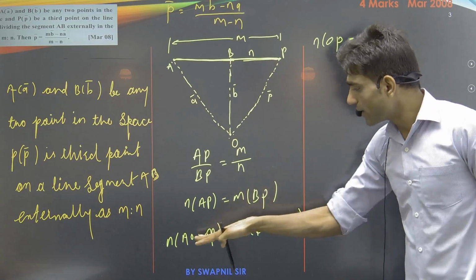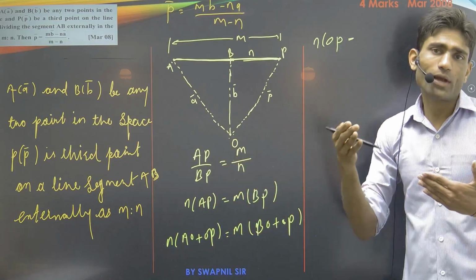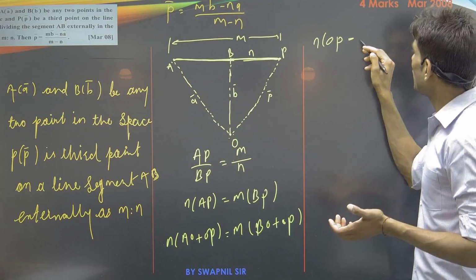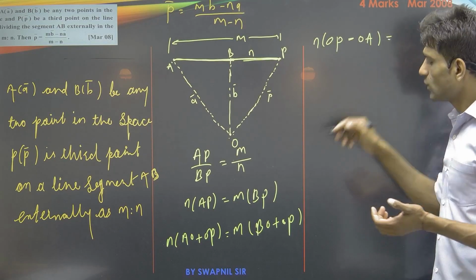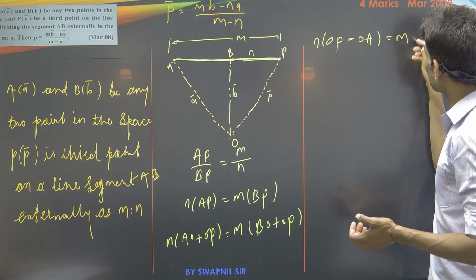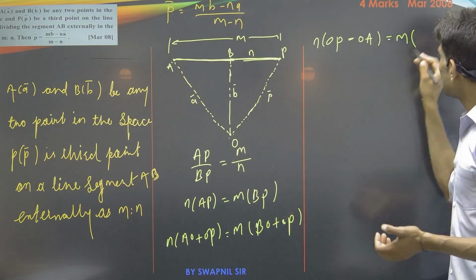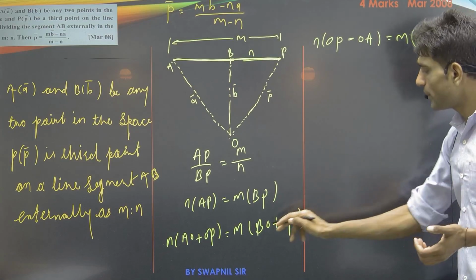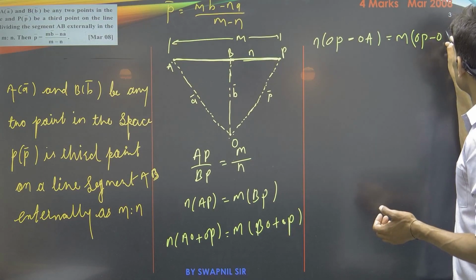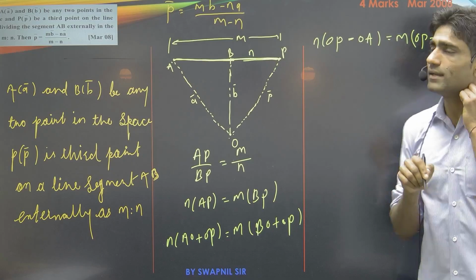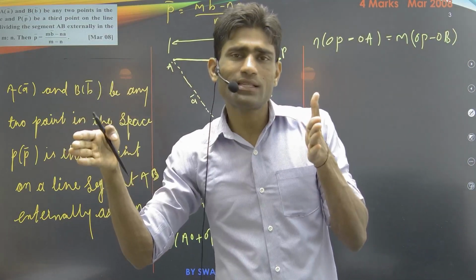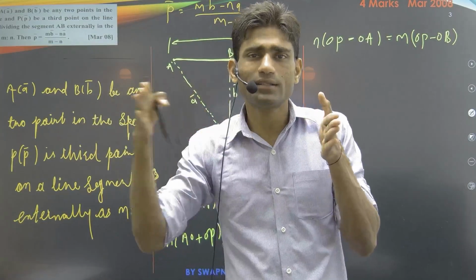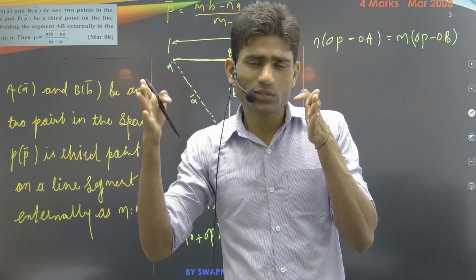negative of. Now see that AO, I can write as a negative times OA. So OP minus OA is equal to M times OP, keep as it is, under bracket. BO can be written as negative times OB. What I have done here is, if I go from one place to another in the same direction, it gives a positive sign.